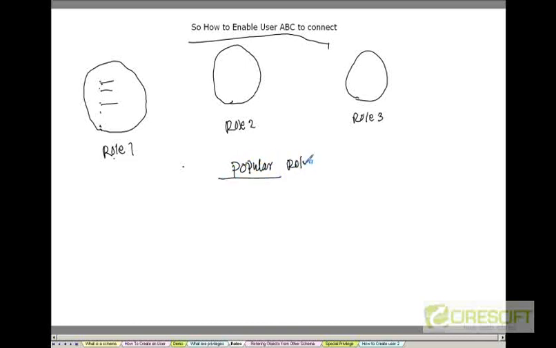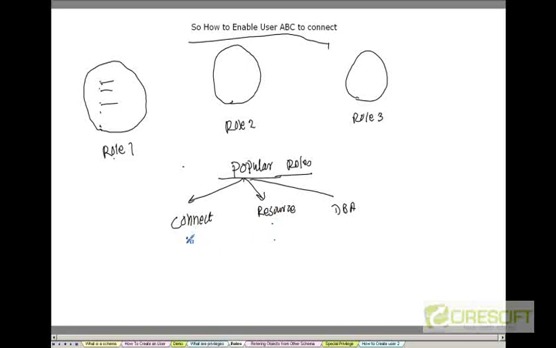One is called connect, number 2 is called resource, number 3 is called DBA. The connect role comes with multiple privileges like create session, and I think create table comes under resource and all this thing.